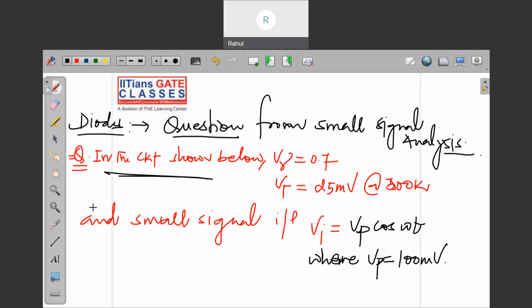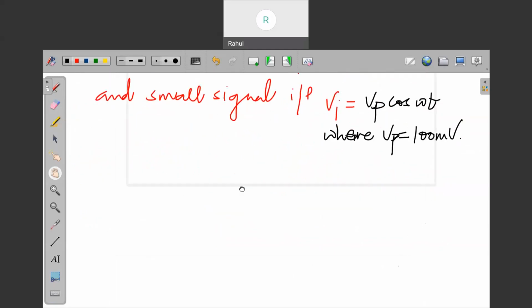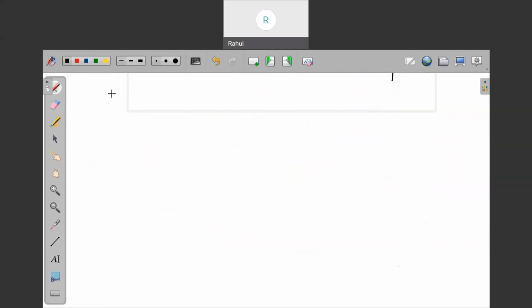Now let us draw the circuit for this question. You can draw the circuit along with me. They have given DC plus AC. Why have they given DC plus AC? Because we want my diode to work in the linear region. So this is the input, DC plus AC.